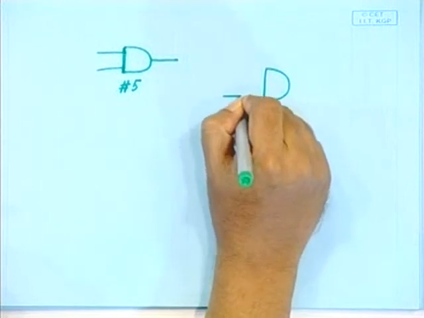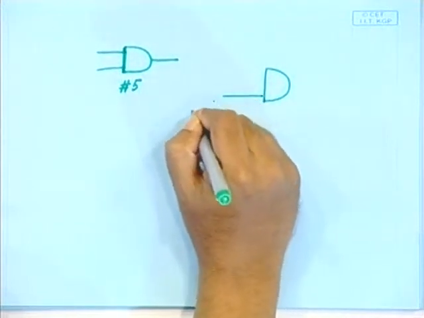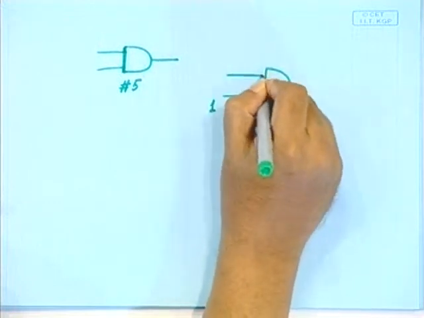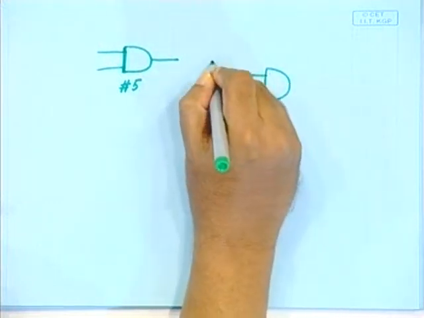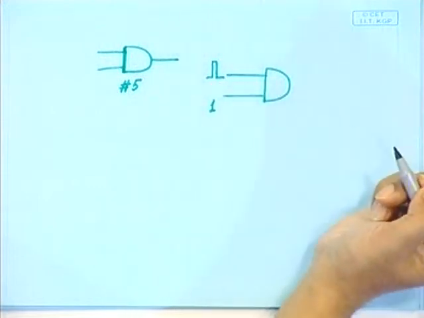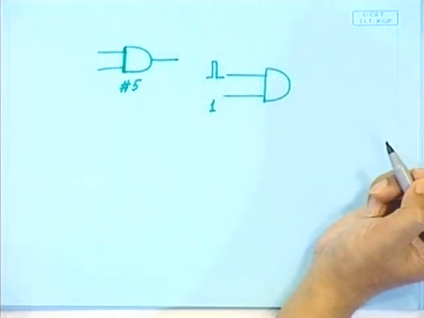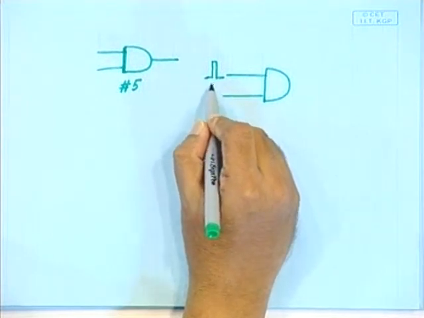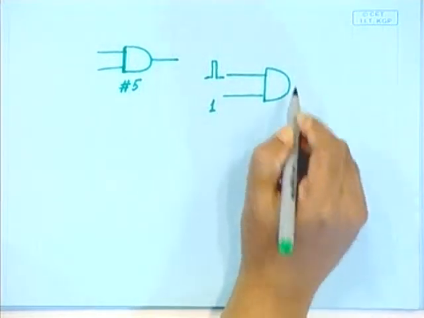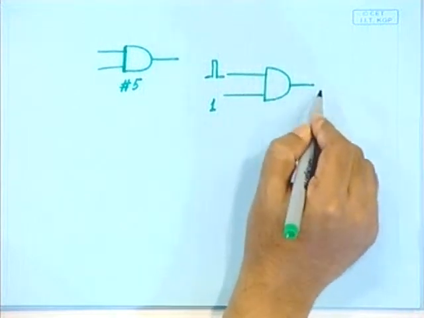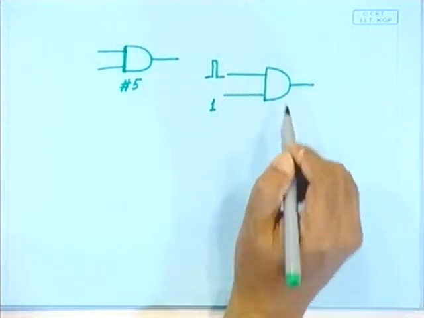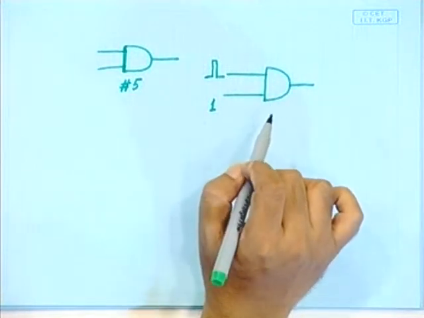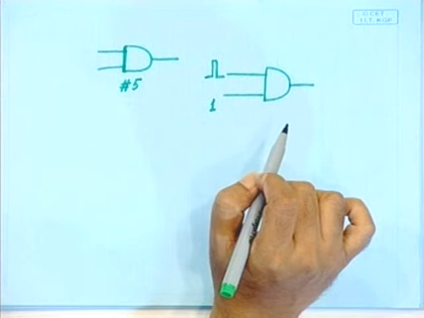Say for example, this is held at 1, and what I feed here is a very narrow pulse. This has a width less than #5, let's say. Then momentarily the output should have been 1, but because of this delay you will not see that it is 1.